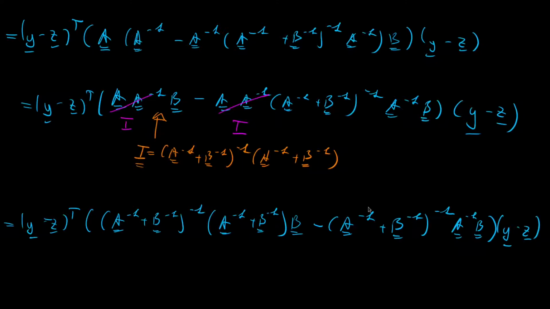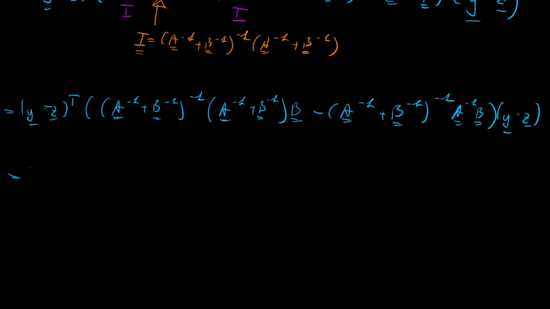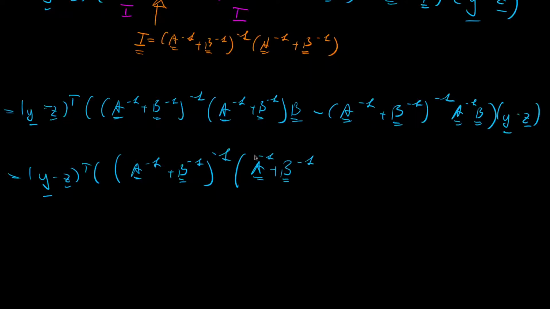Now we can factor out the (A inverse plus B inverse) inverse, and if we do this, then we get (y minus z) transpose, then opening brackets, and then we have (A inverse plus B inverse) inverse, and then opening brackets, and then we are getting this term here, which is (A inverse plus B inverse) multiplied with B, and then minus A inverse B. And then we multiply, well, there should be more closing brackets, one more, right?